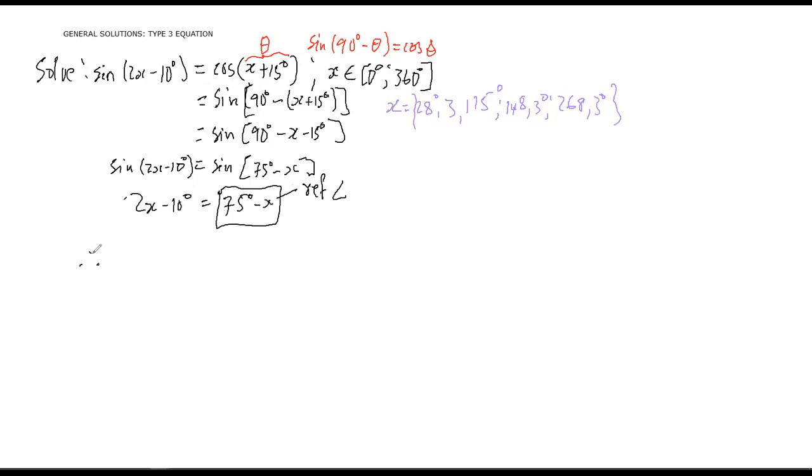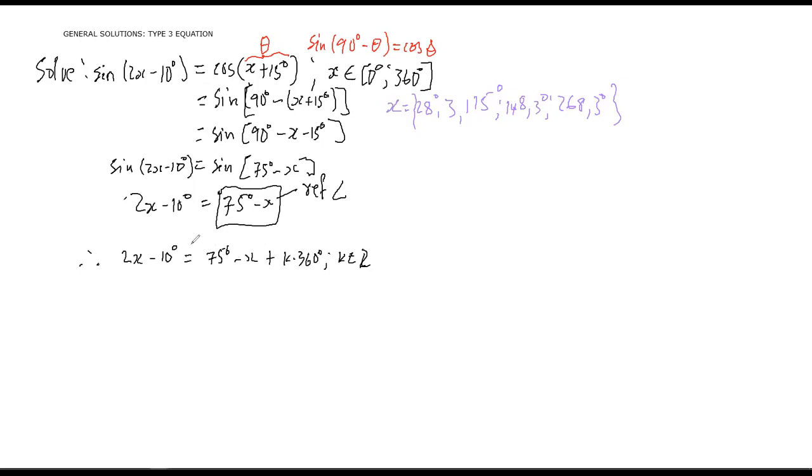Now, therefore, 2x minus 10 degrees is equal to, we always start with the reference angle because that's where the ratio will be positive. So remember my k times 360, and it is important to mention that k is an integer.